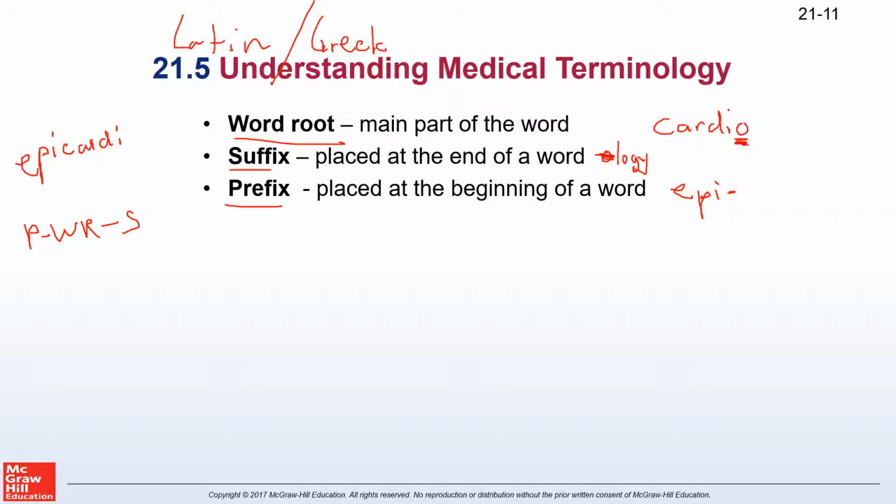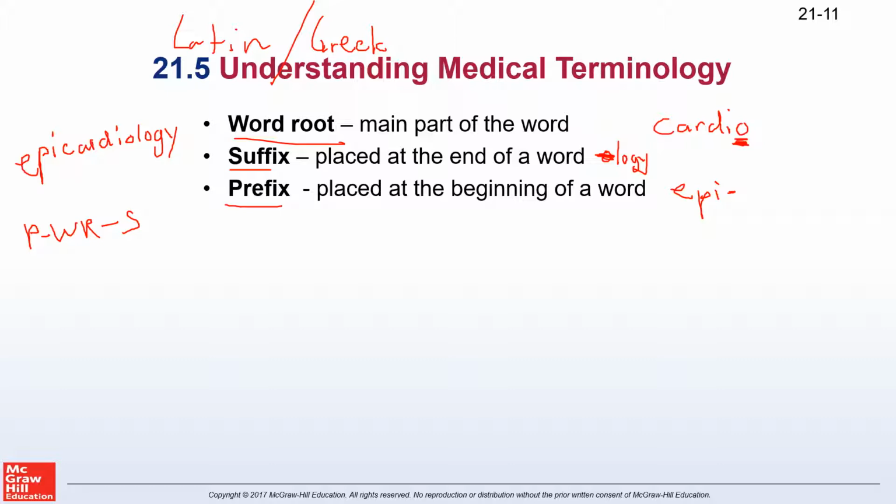Now, we only use the O if the suffix starts with a consonant. If the suffix starts with a vowel, you don't need to use the O. So in this case, our suffix is ology. There's an O anyway. We'll add in that O. So here we have epicardiology.